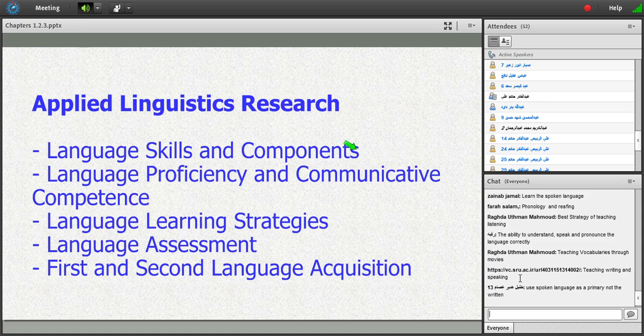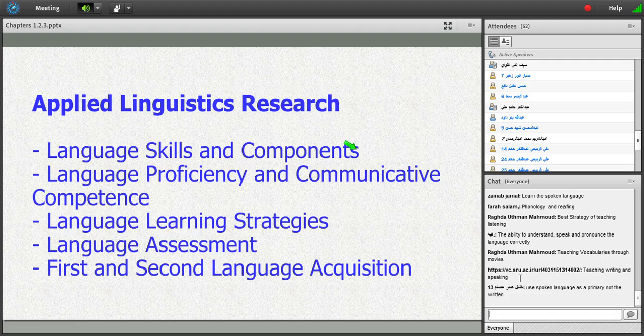For example, the students live in villages and the topic of the reading passage is agriculture, farming. Of course, this topic is more familiar to a student who lives in a village compared to a topic which talks about artificial intelligence or the latest technological advances. Use a spoken language as a primary, not the written.